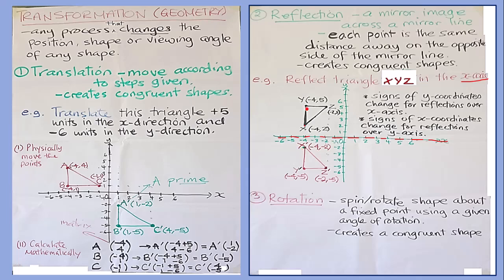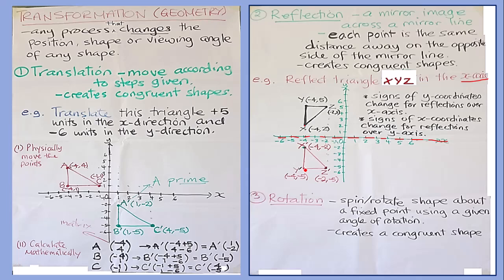Point Y is 5 steps away: 1, 2, 3, 4, 5. So the image will also be 1, 2, 3, 4, 5 steps away from the mirror in a straight line.